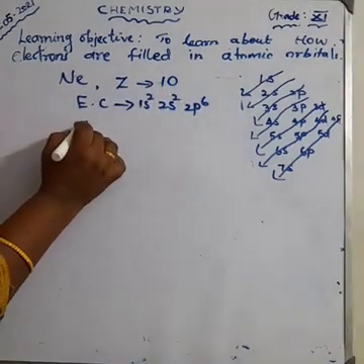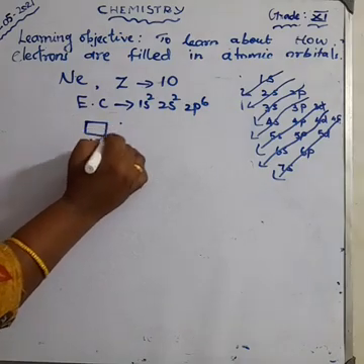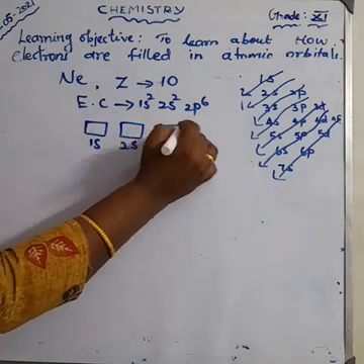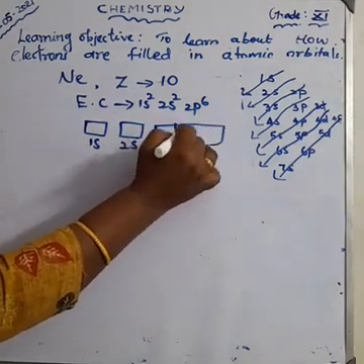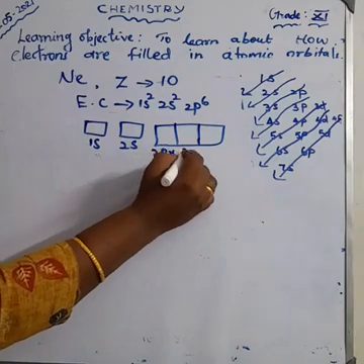How to draw the atomic orbital diagram for neon? 1s orbital, 2s orbital, 2px, 2py, 2pz.